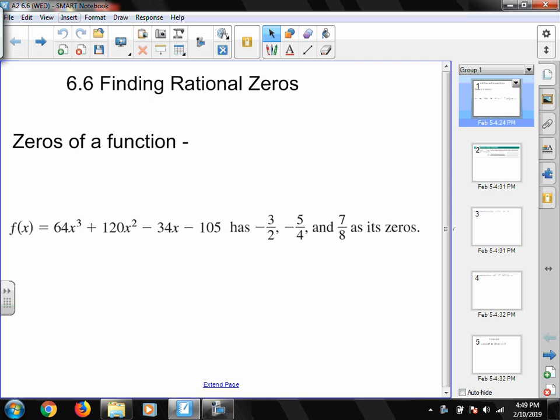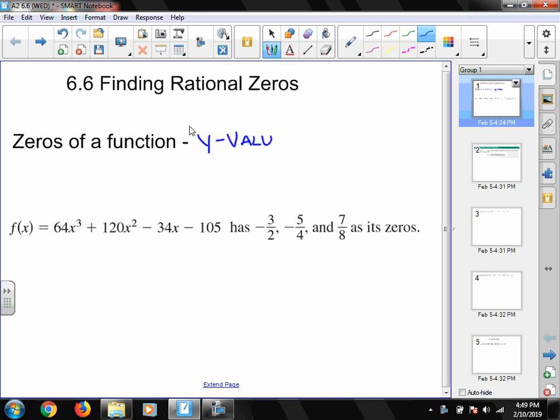So today, we're going to start in section 6.6, and we're going to talk about finding rational zeros. Before we really start worrying about trying to find rational zeros, let's talk about what zeros of a function actually are. That means that your y value is 0. Hence why it's called a zero.